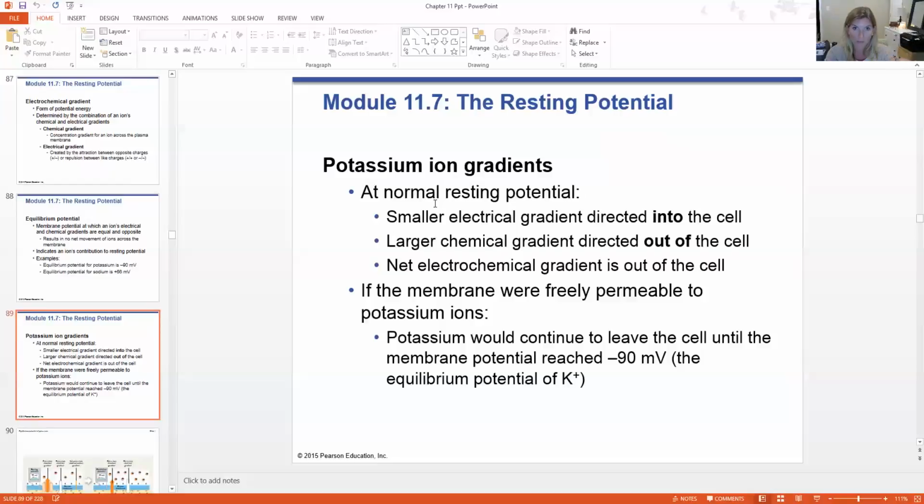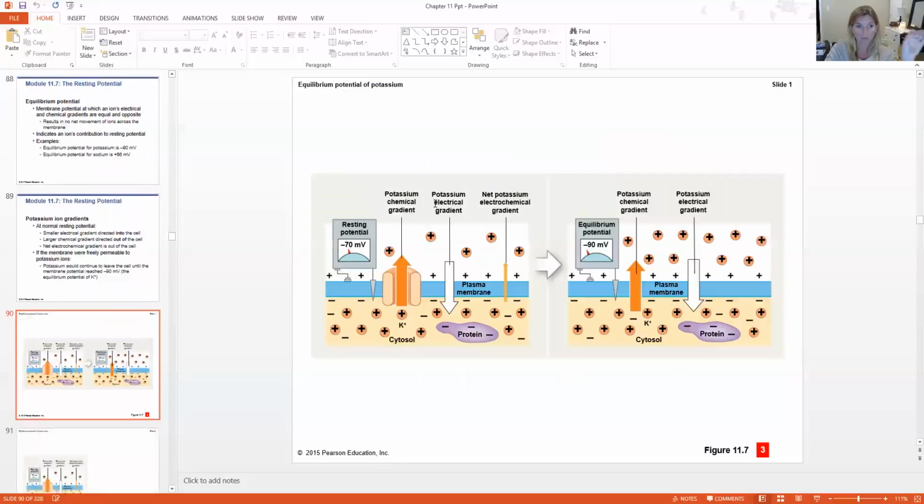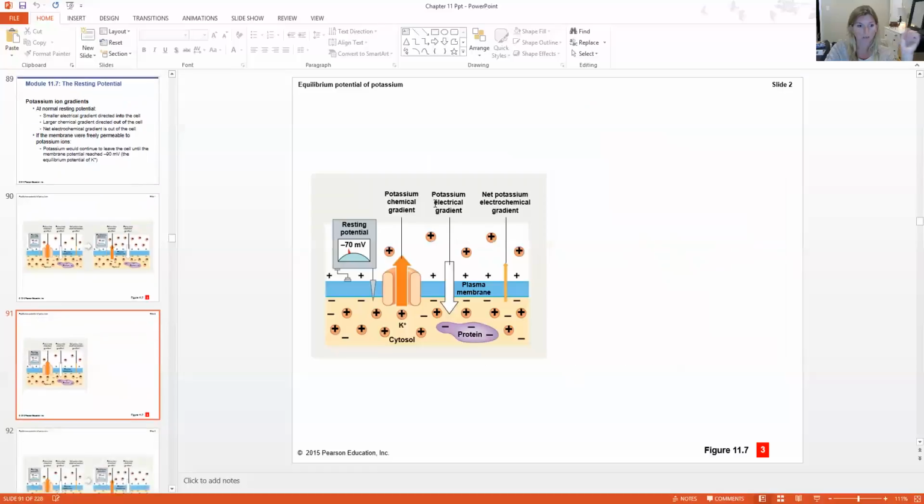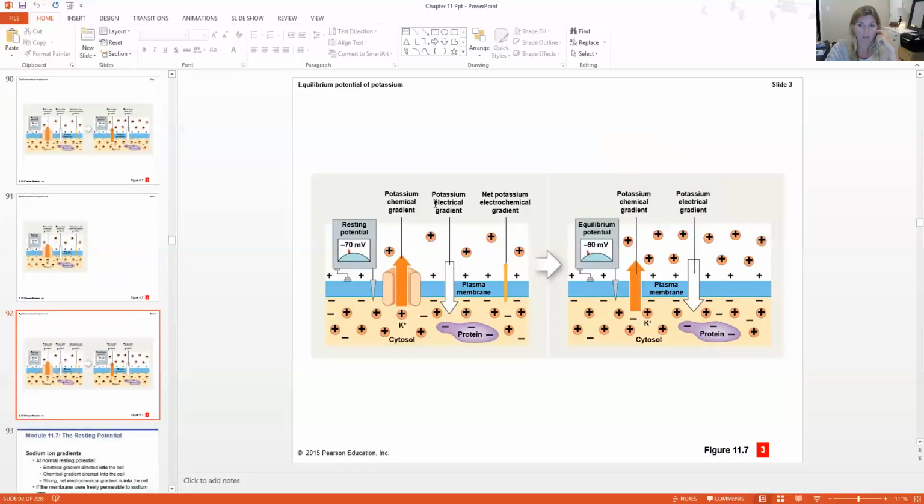That's what equilibrium potential means. It would just keep leaving until it reaches negative 90. Here you see just the breakdown of those leak channels. Again, potassium would just continue to leave until we reach negative 90, and then it would be equal in and out, equilibrium.